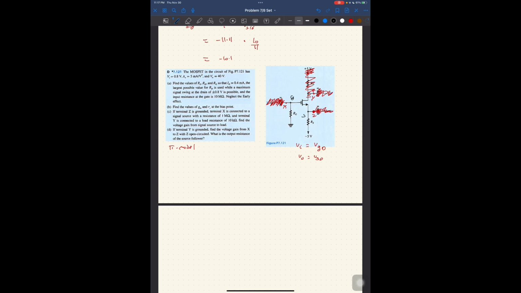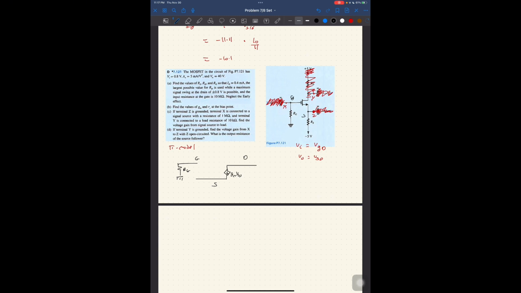We'll begin with the pi model. We have RG. This is the G, this is the S, this is the rπ, this is the GM VGS.